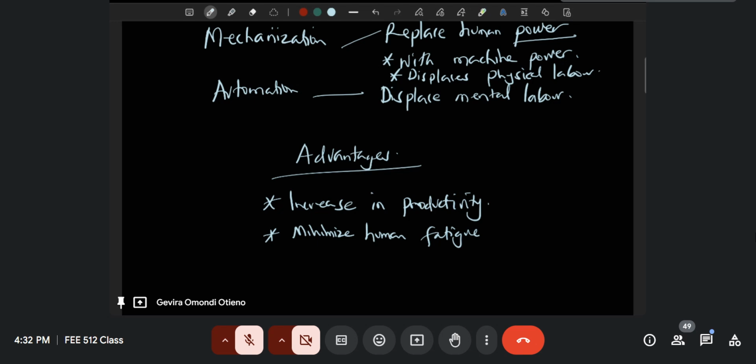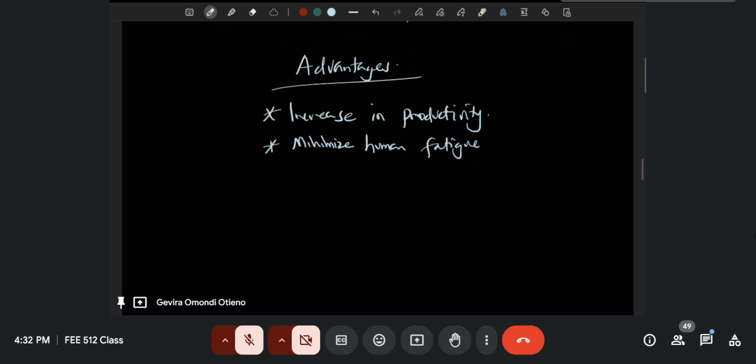The other thing is, you can imagine in an industrial setup, if you're hiring manual labor, the more work you have, the more manual laborers you would need. So that definitely means that you'll require a lot of space to accommodate these people to work in that area. But when you have automated systems, so you have a packing machine, all the products that come, it packs automatically.